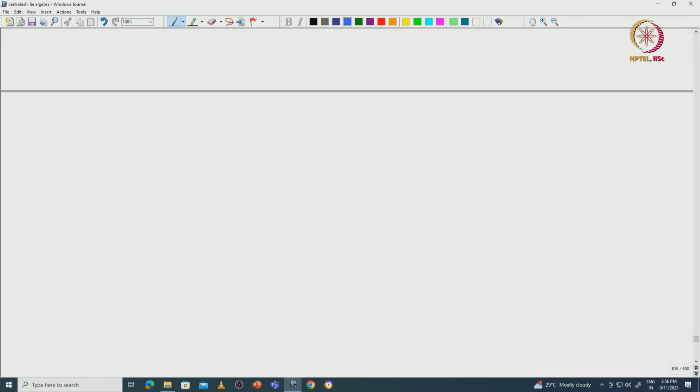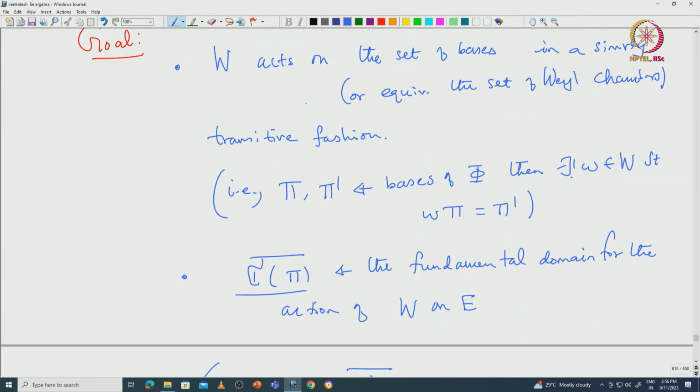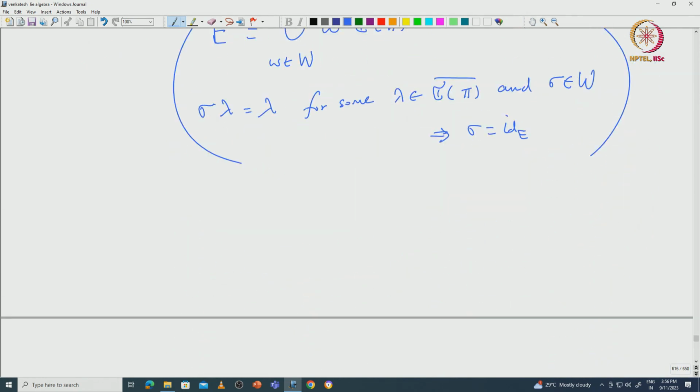Maybe one can put it in the goal: we will prove that W is generated by reflections corresponding to the base pi. We already know by definition W is a subgroup of GL of E generated by all reflections corresponding to roots, that is elements of phi, but pi is a smaller subset.